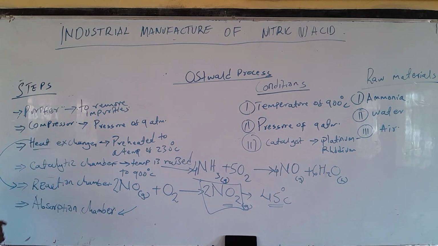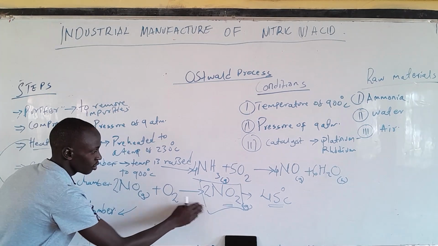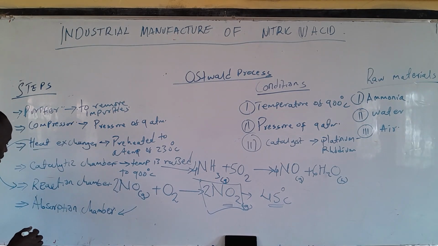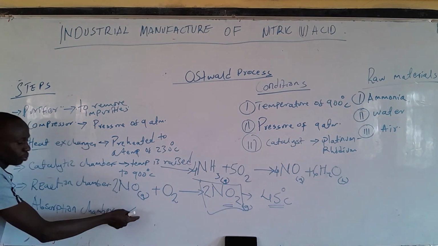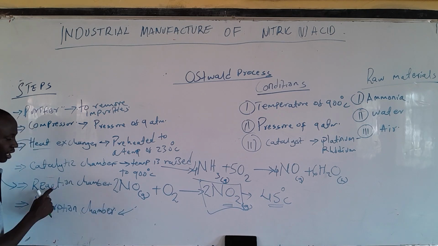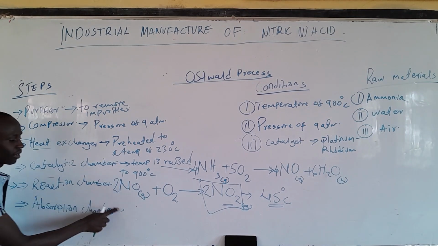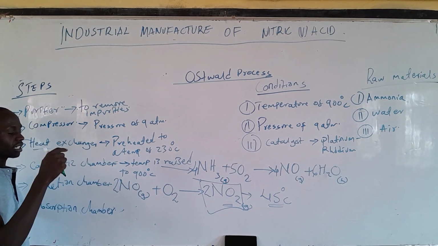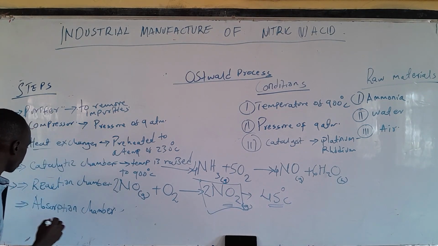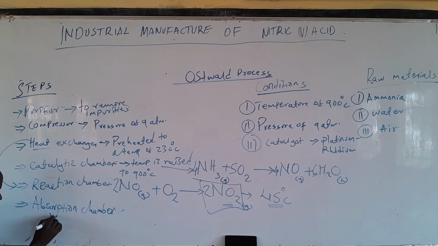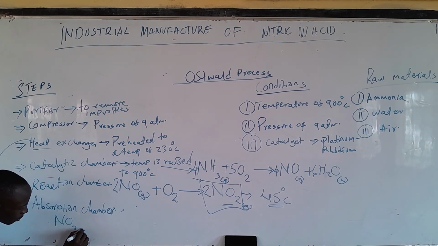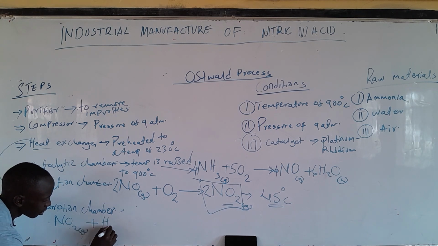In the absorption chamber, the nitrogen 4 oxide gas is mixed with water, against the downflow of water, for us to obtain nitric 5 acid and nitric 3 acid. So the equation at the absorption chamber is nitrogen 4 oxide with water.